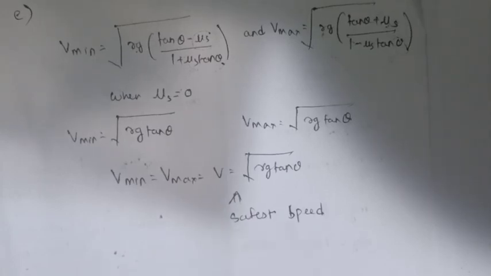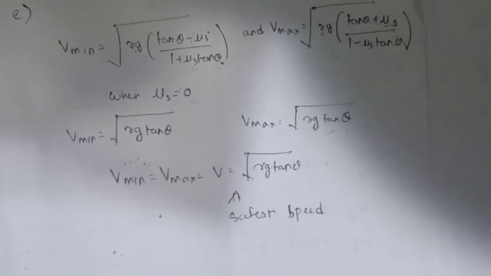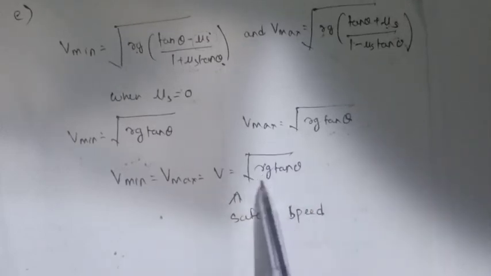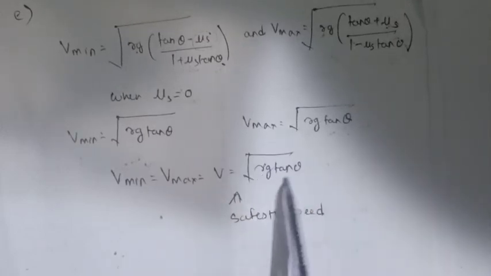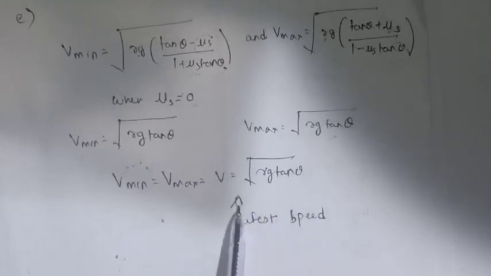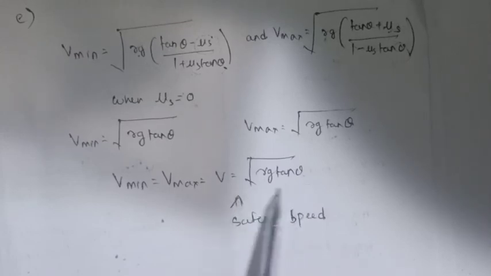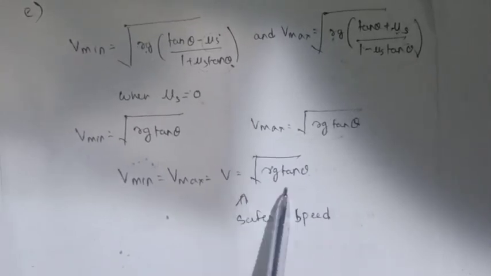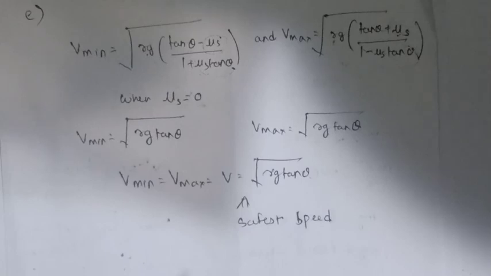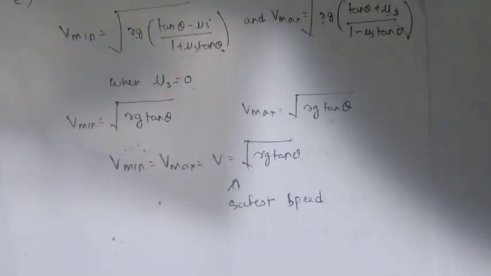So here v is called the optimum speed, and this optimum speed depends upon the radius of curvature, acceleration due to gravity, and angle of banking, and it is independent of the mass of the vehicle, as there is no mass factor. Thus for a heavy or light vehicle, the speed remains the same. So we have almost done.